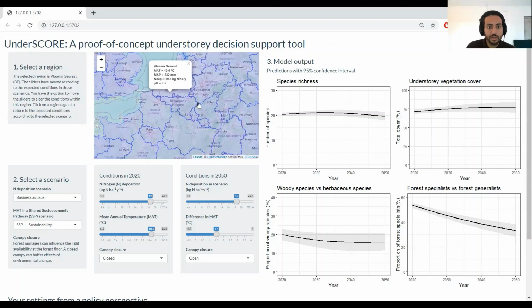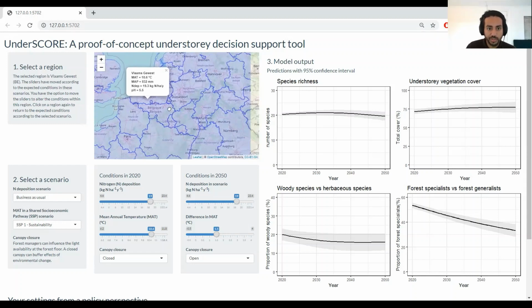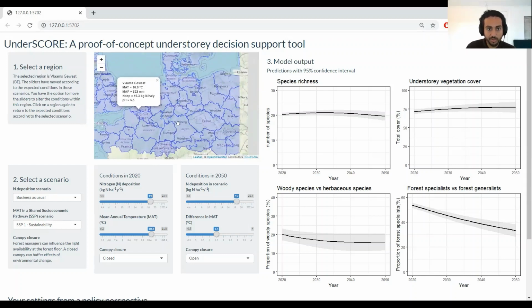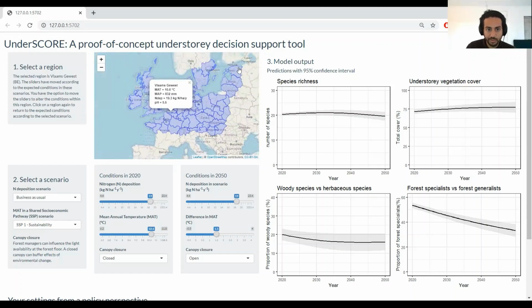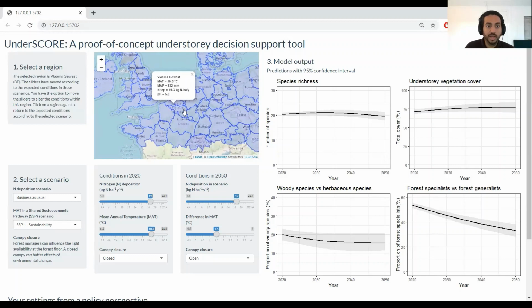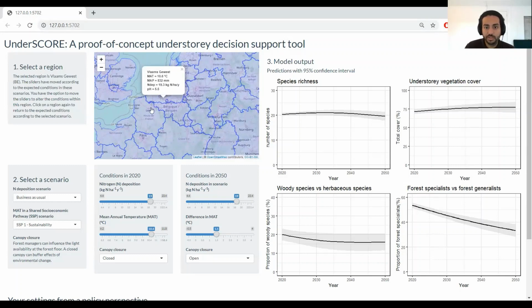But these values are really the average across the region, and also for all these other regions here, which are the NUTS administrative regions of the EU within the temperate forest biome. We only have the average conditions, so we cannot predict for any particular site.